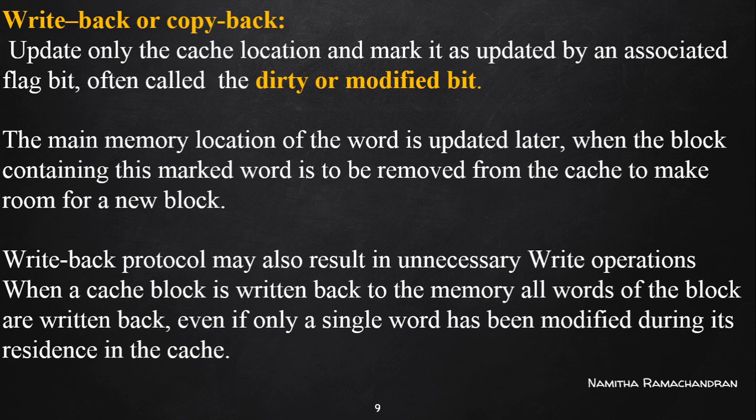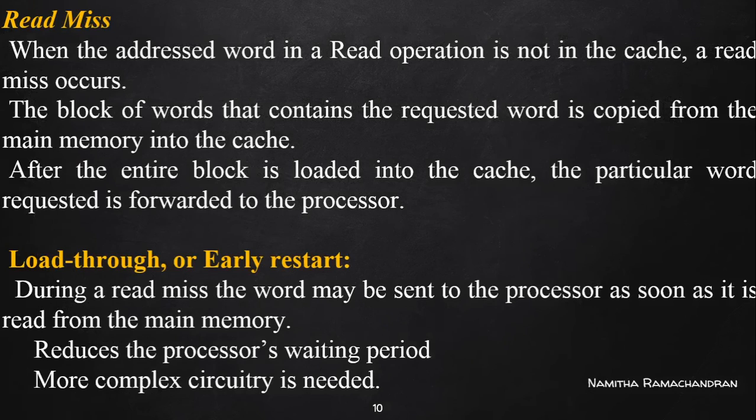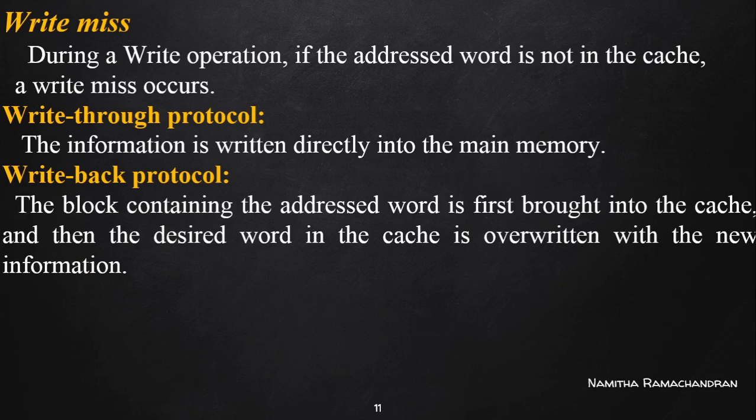And in case of write miss, we can directly update the main memory copy without copying that content into cache memory. That is called write through approach. And in case of write back approach, first take the copy to the cache memory, then make certain modifications over the requested data, and later it is written back into the primary memory.